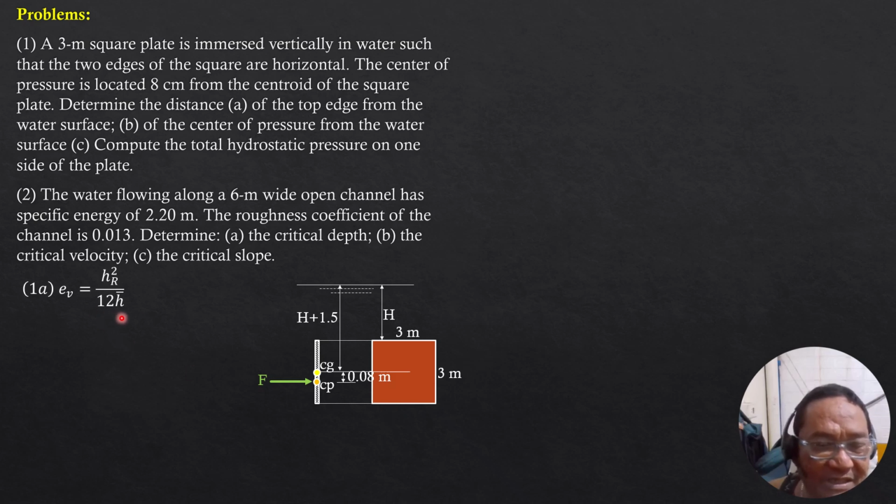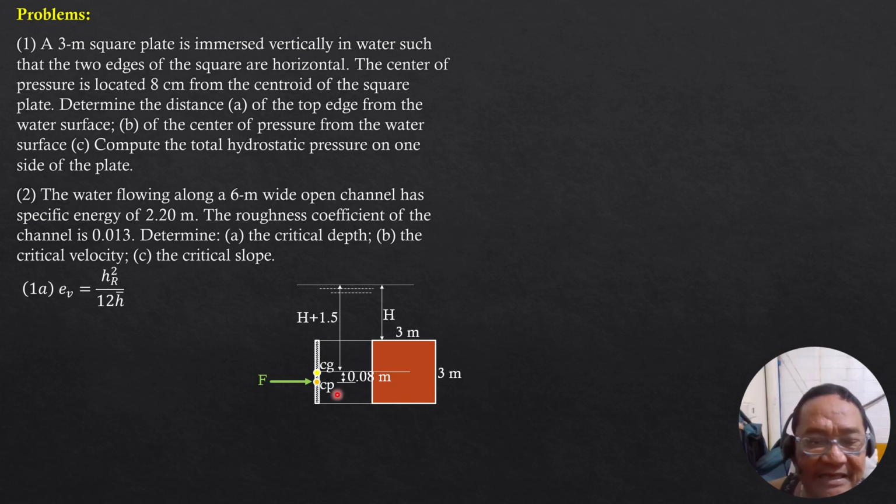The original formula is the moment of inertia of the plane section with respect to the centroidal axis. In this case, base 3, height 3 cubed over 12, times sine theta.